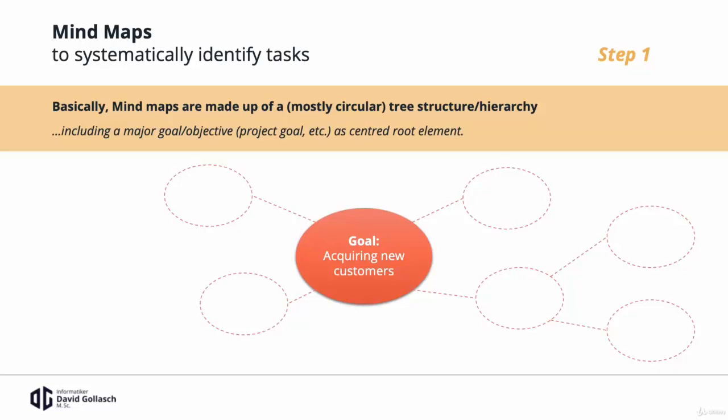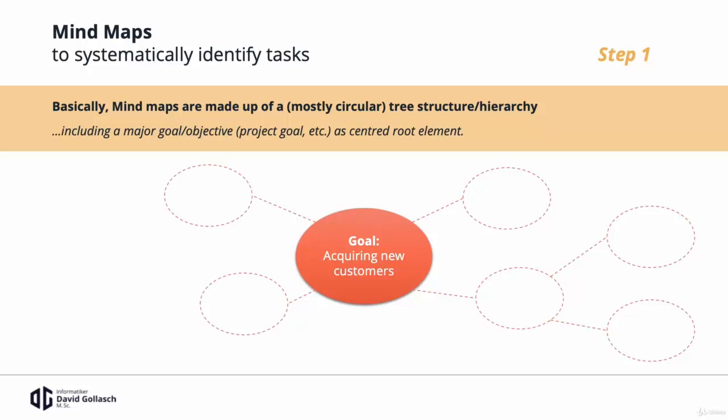So take a blank sheet of paper or a tool with a canvas where you can freely create your mind map, and first take down the major objective in the middle. In this example, we start with a goal of acquiring new customers. That should be the goal of our project here.